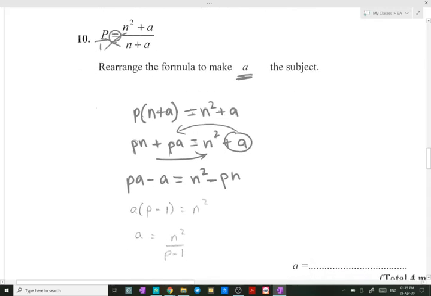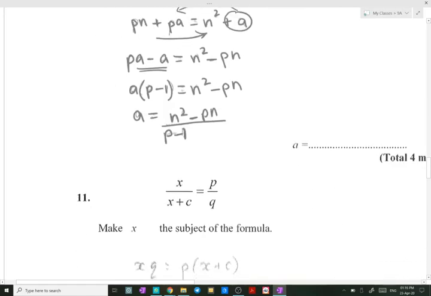In order for a to be the subject, we need to factorize here, so it's a into p minus 1, which is equal to n squared minus pn. Now divide by p minus 1, a is equal to n squared minus pn over p minus 1.